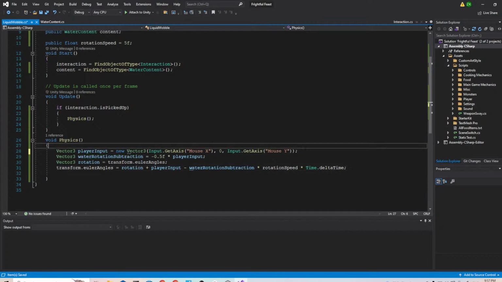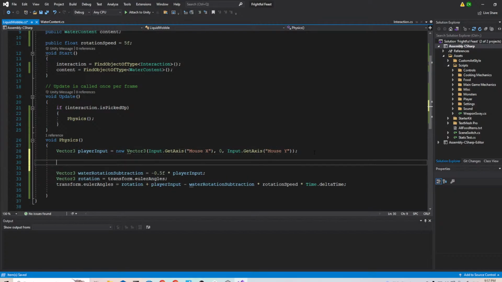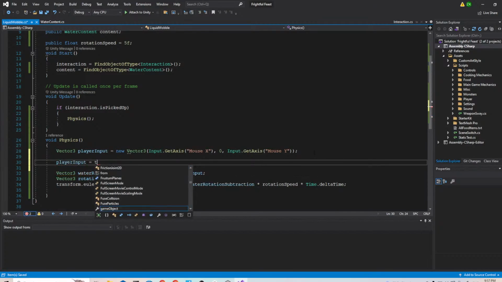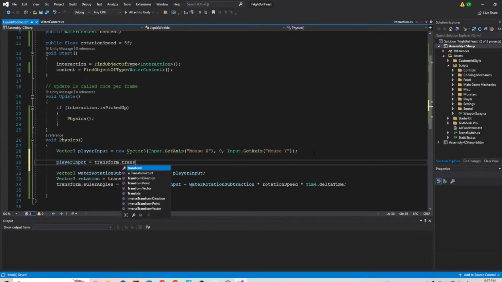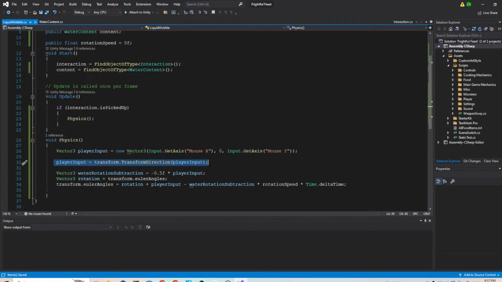Oh jeez, okay, it's going to get real messy. Okay, player input is equal to game object transform direction, so we can make it local player input. And we'll try that for the water rotation as well.